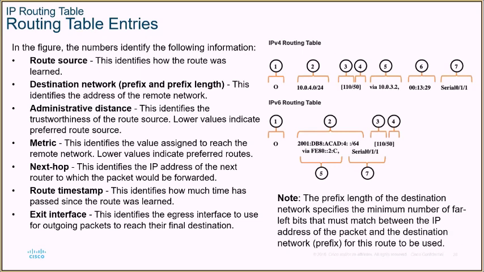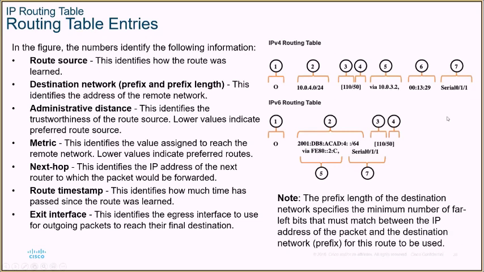While OSPF, I think, has an admin distance of 110. Oh, of course, it's right here, admin distance 110. RIP has an admin distance of 120, and that's why OSPF is deemed to be better than RIP. So if you get the same route from two different sources, you need to have a tiebreaker. And so the lower number, the more reliable.